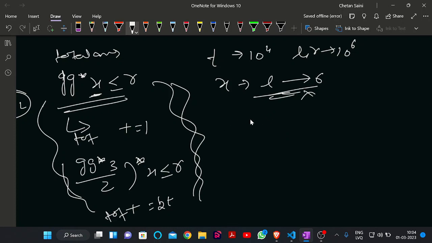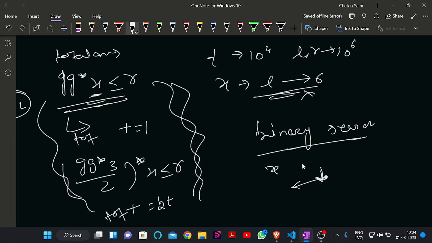Instead, we can use binary search. Just think that if any number follows this condition, then obviously all numbers before that also follow that condition, because for those x will be less than this mid. And numbers more than this will not follow the condition. So we will check by binary search the maximum possible number which follows this condition.